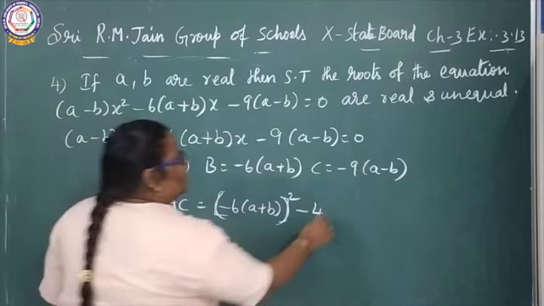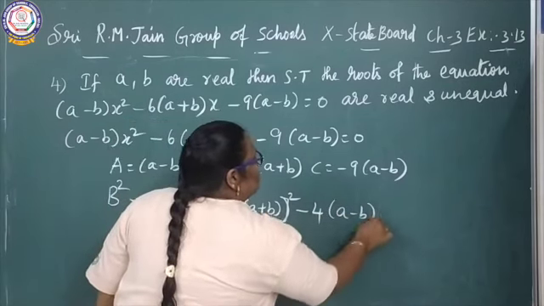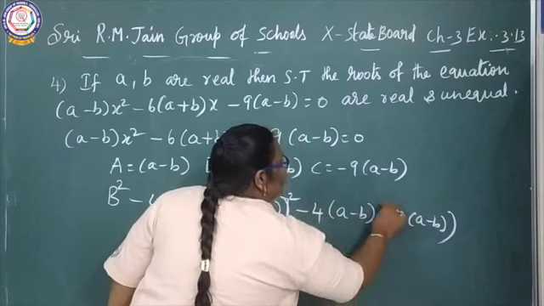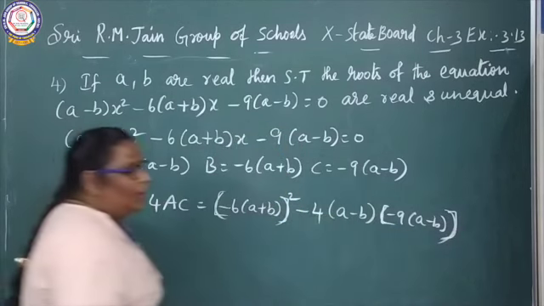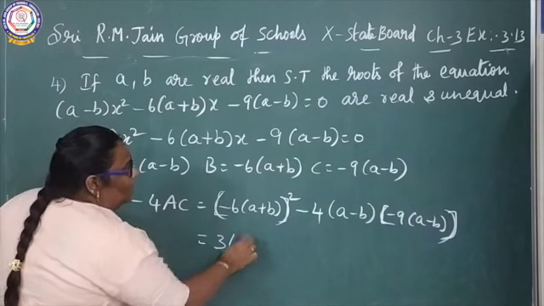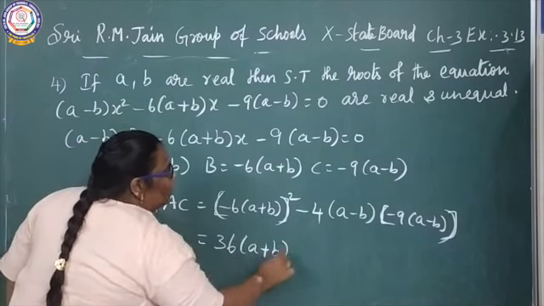The a value is (a minus b) and the c value is minus 9 into (a minus b). See here, 36 (a plus b) the whole square.